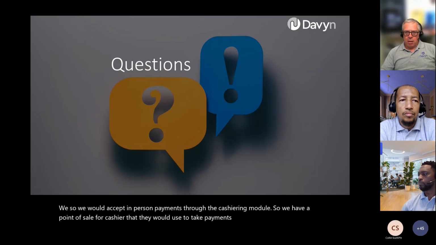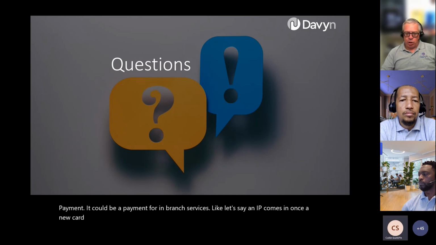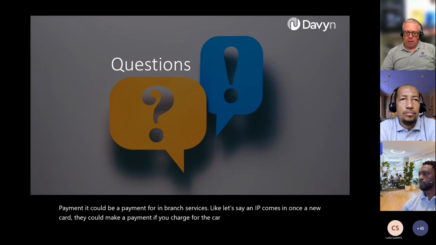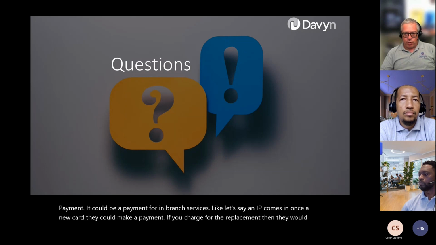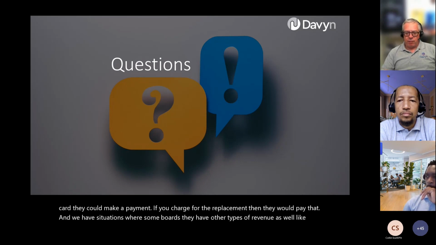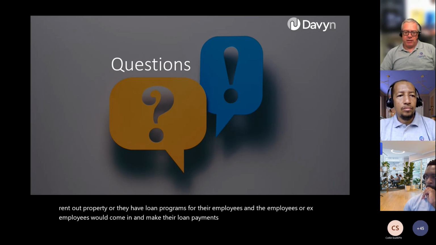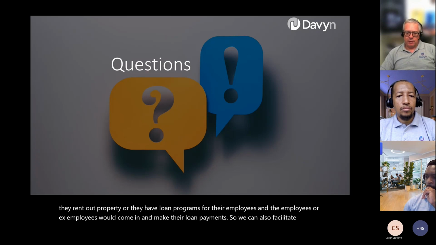That could be an employer payment, or a payment for in-branch services. For example, if an insured person comes in and wants a new card and you charge for the replacement, they would pay that. Some boards also have other types of revenue, like renting out property or loan programs for their employees, and the employees or ex-employees would come in and make their loan payments. So we can also facilitate those types of receipts.